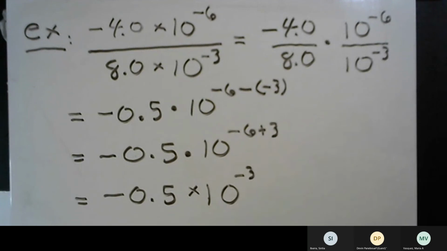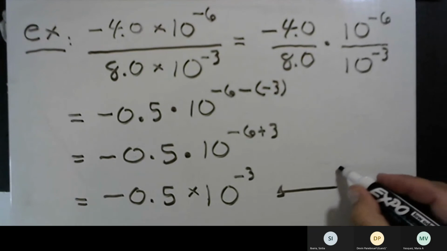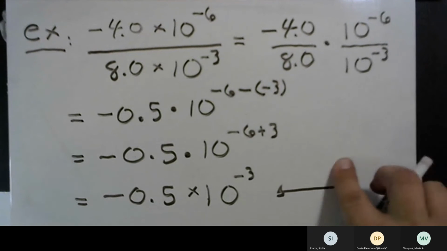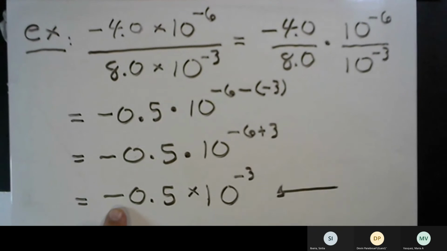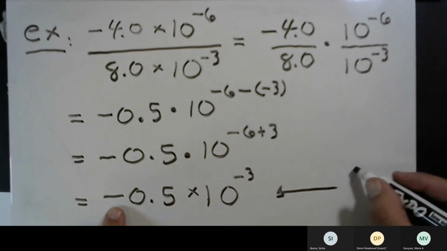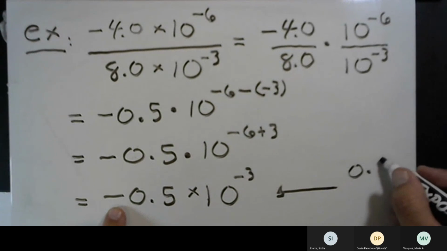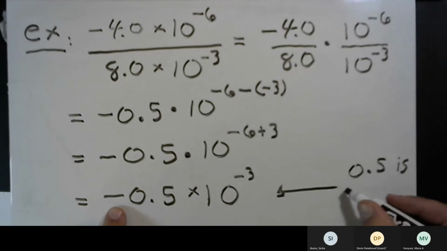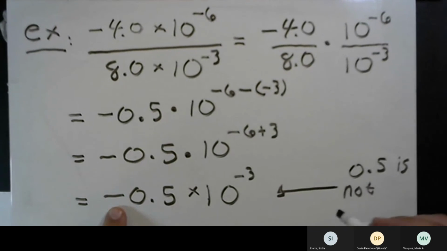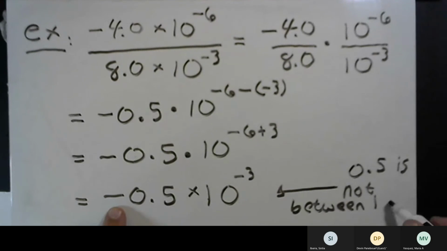But we've got another problem. The 0.5, now the negative part is okay. We're not going to worry about the negative being on here, but the 0.5 is not between 1 and 10.